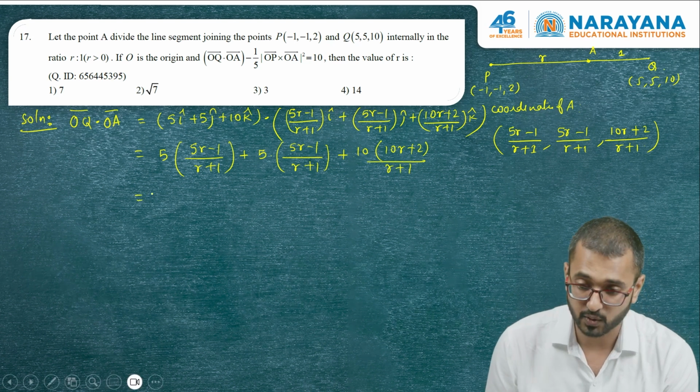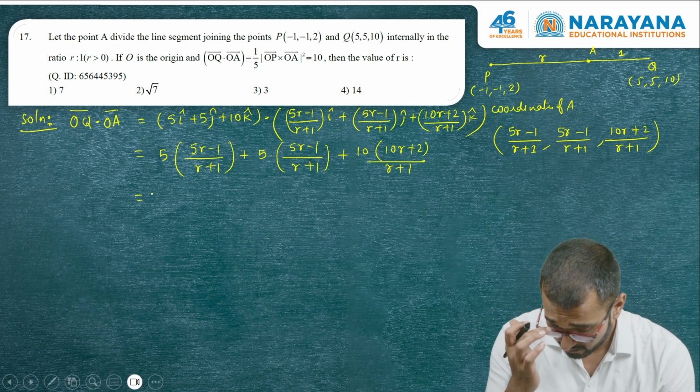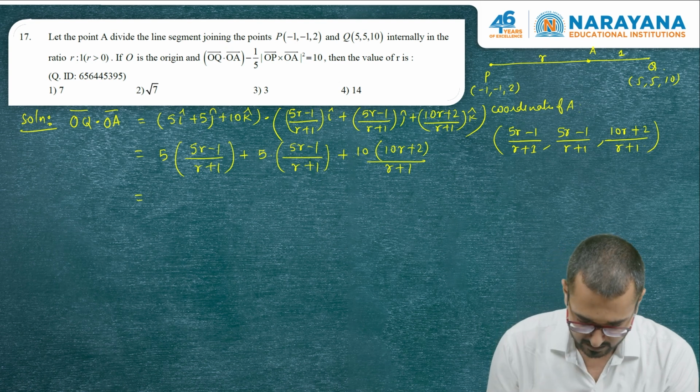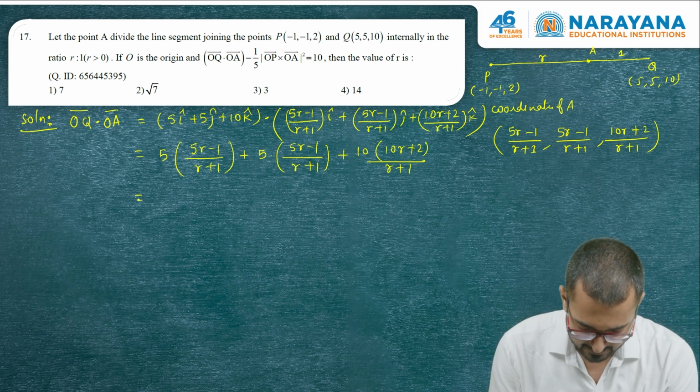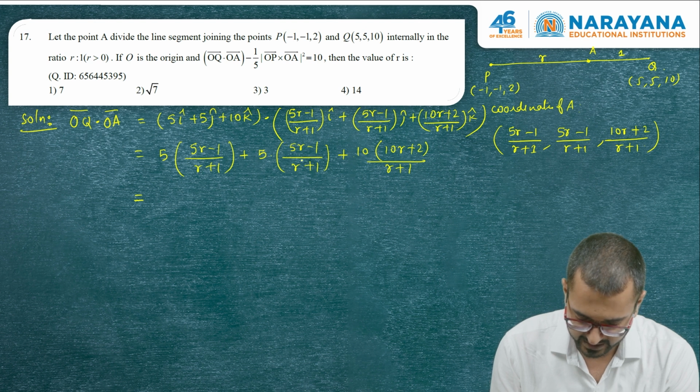So this I have to add in total. This would give me 5 into 5, 25, plus 25, 50, or else we can simply take 5 common first, this will be better.